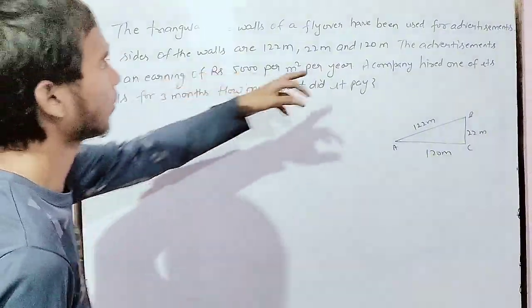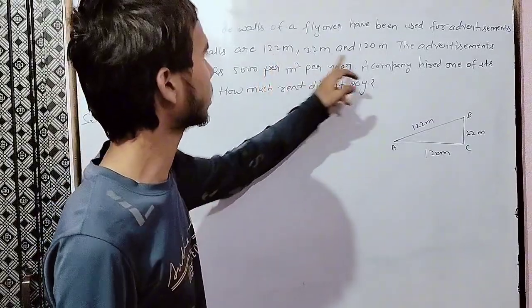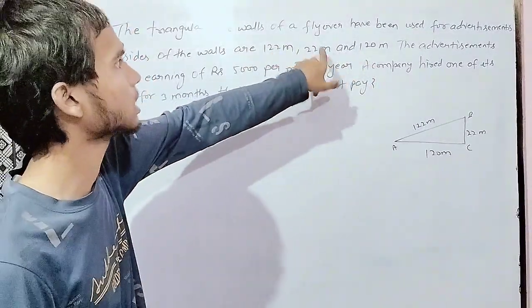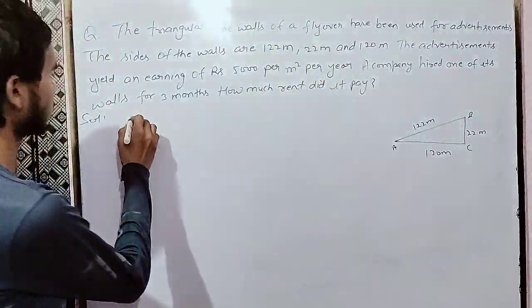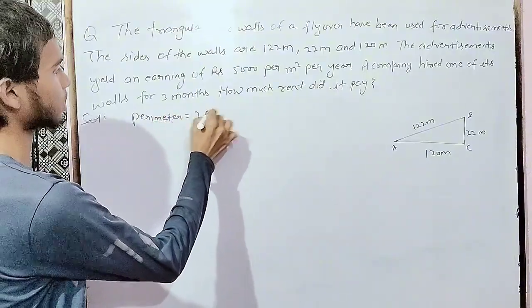Now let's start solving. We will calculate the area of this triangle. So here the perimeter will be how much? 100, 200, 260, 264. Perimeter is 264.